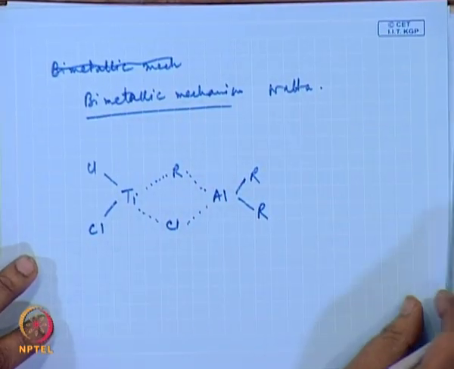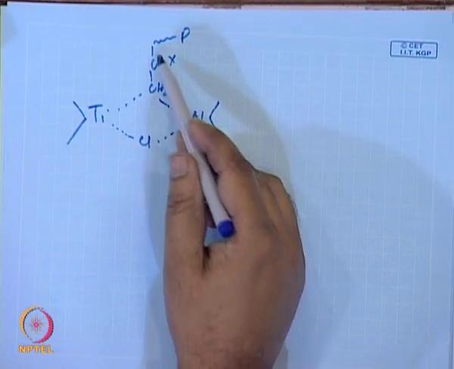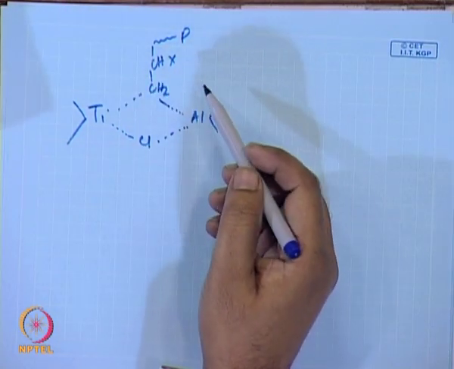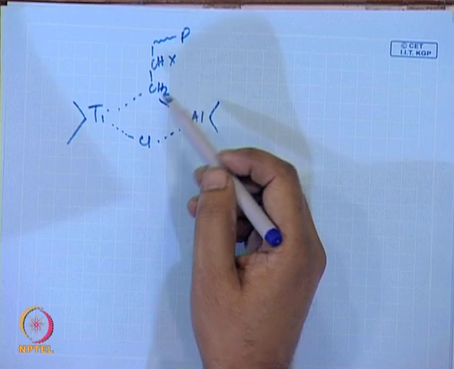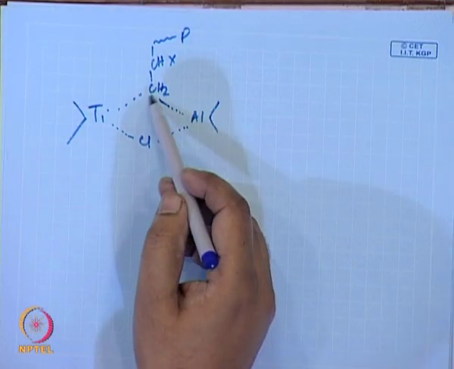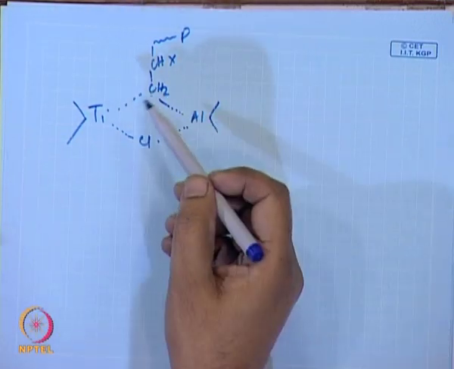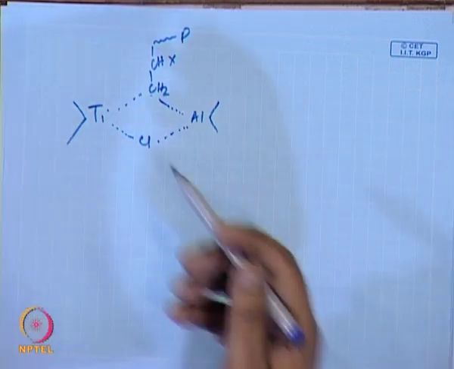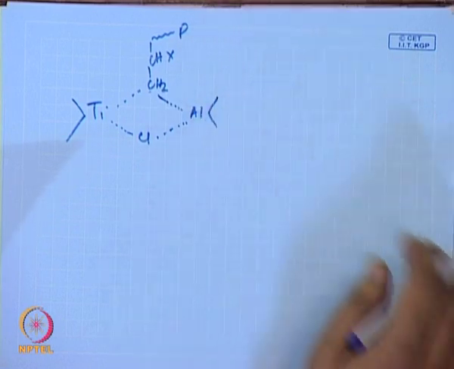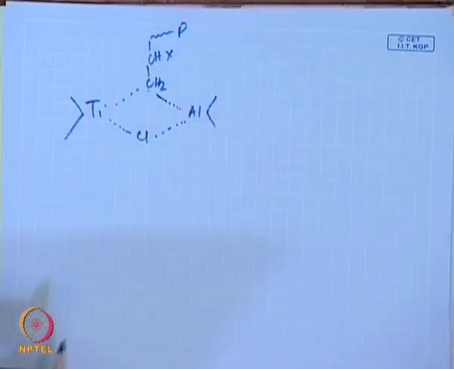Now, instead of R, we are writing a propagating chain, because the steps get repeated. So, we are not writing the first addition, we are writing any general addition of the next monomer, where P is the polymer residue.